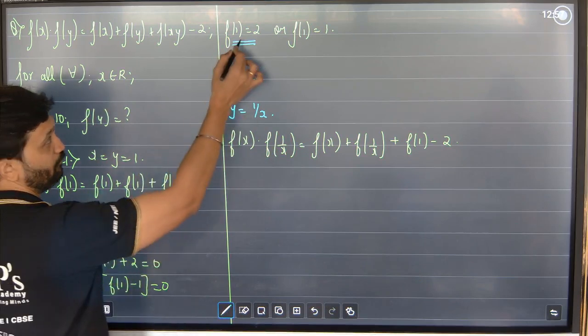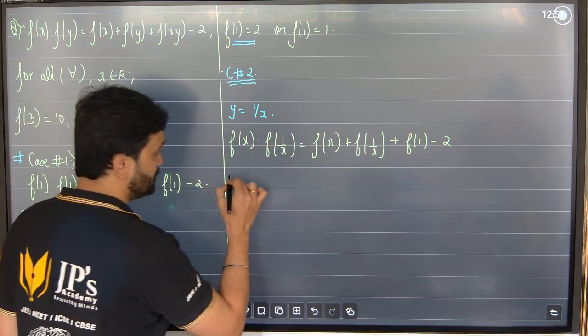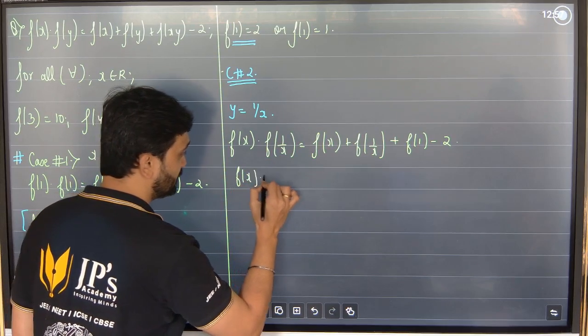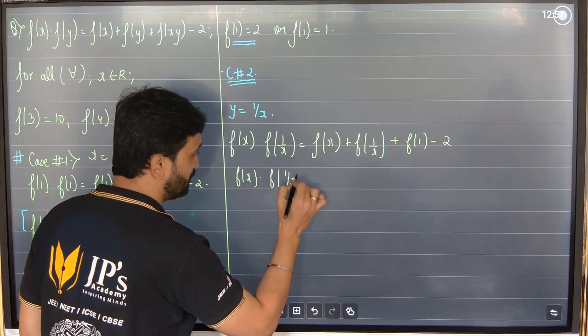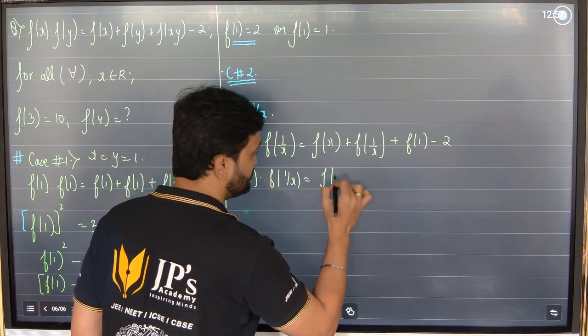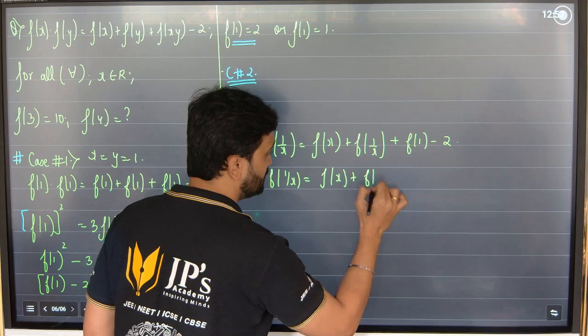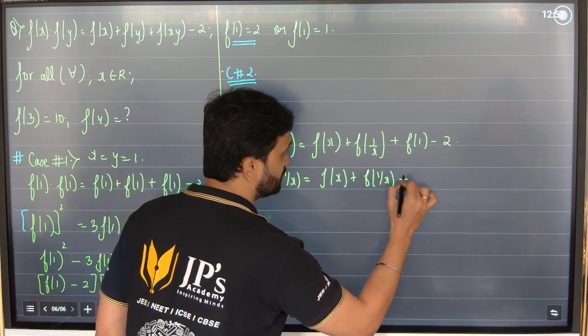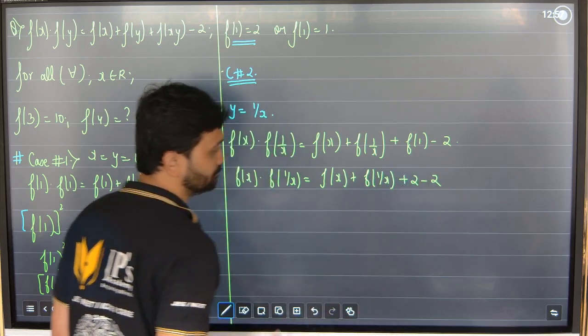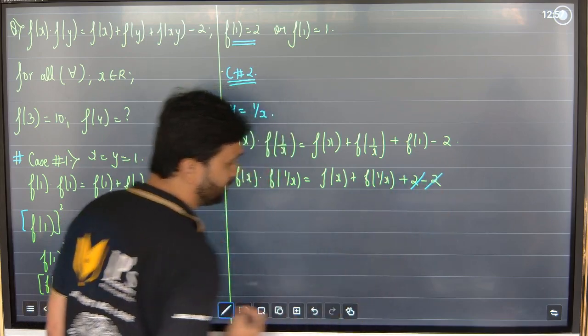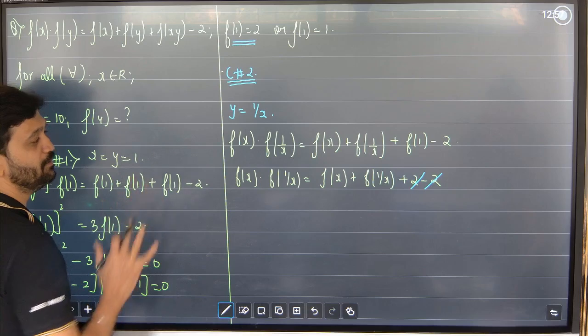Now I know that f of 1's value is 2. So this will become f of x into f of 1 by x is equal to f of x plus f of 1 by x plus 2 minus 2. And this has got eliminated.